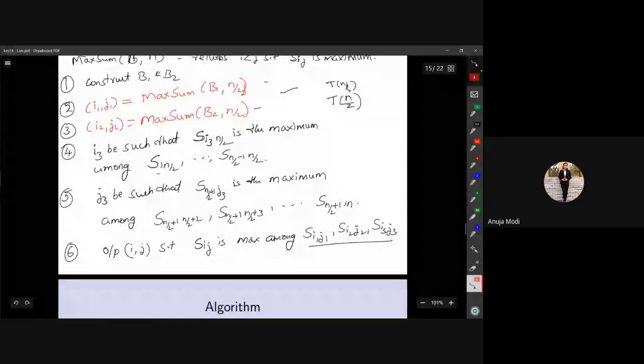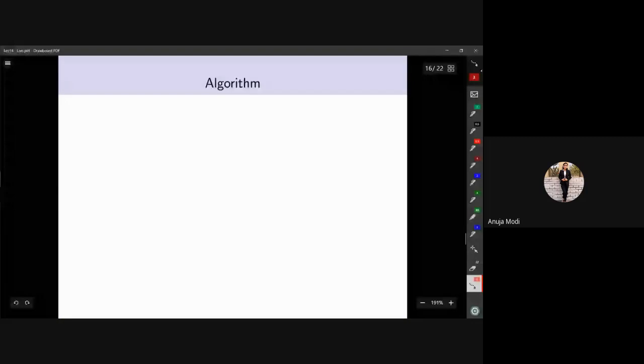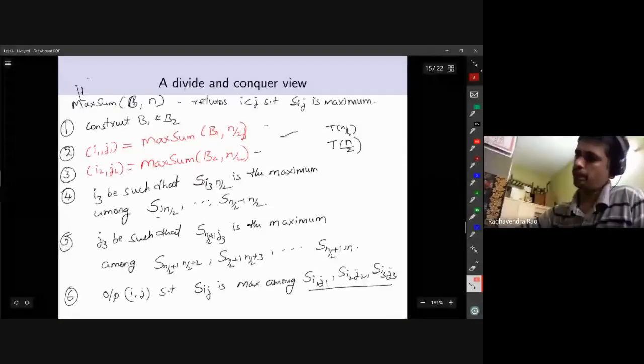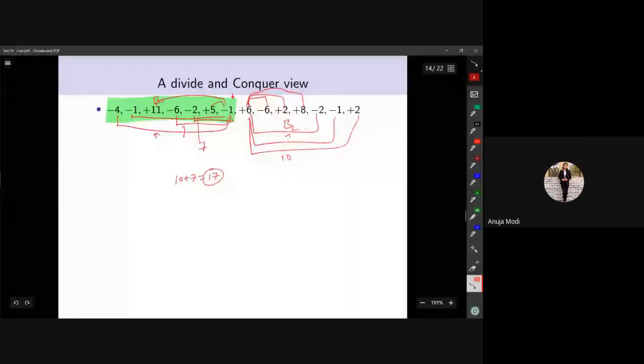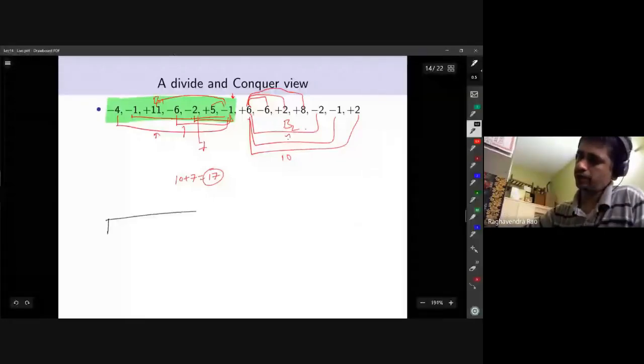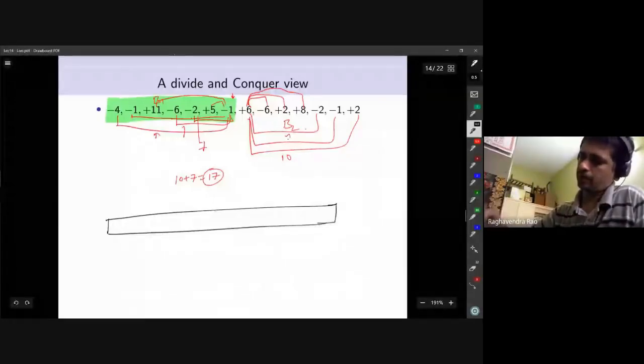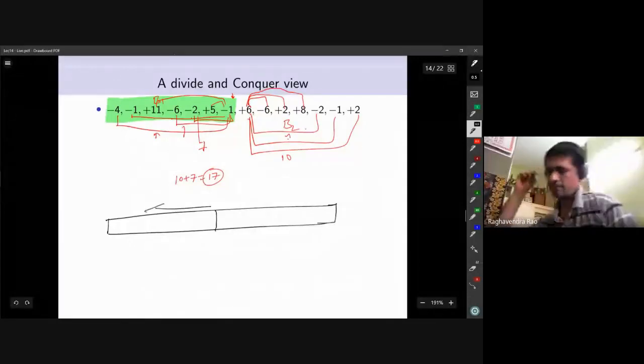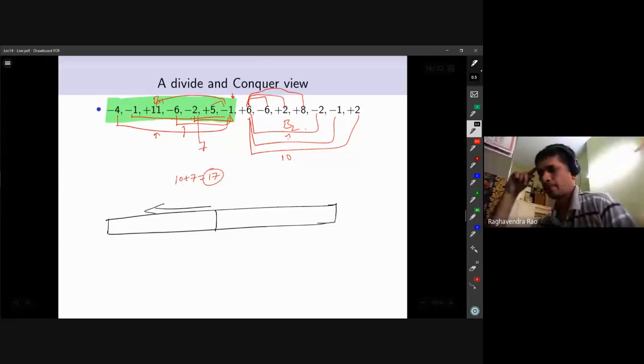And how much work do you need to do to compute these values, the maximum among these? Order of n. Good. So how do you do that? Go ahead.